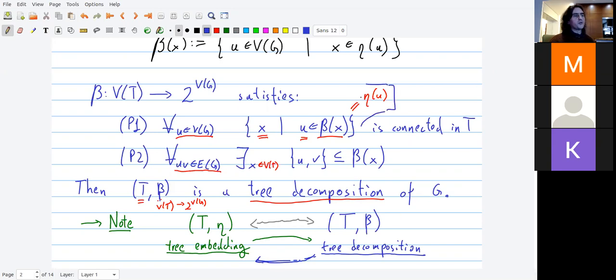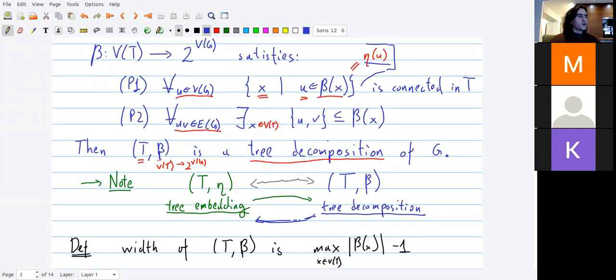To define eta of a vertex, or how a vertex is mapped to a connected subtree, I look at the subtree consisting of all the nodes whose bags contain the vertex. By condition P1, this subtree must be connected. And then condition P2 corresponds to the condition that whenever I have an edge, the corresponding two subtrees of the endpoints intersect.